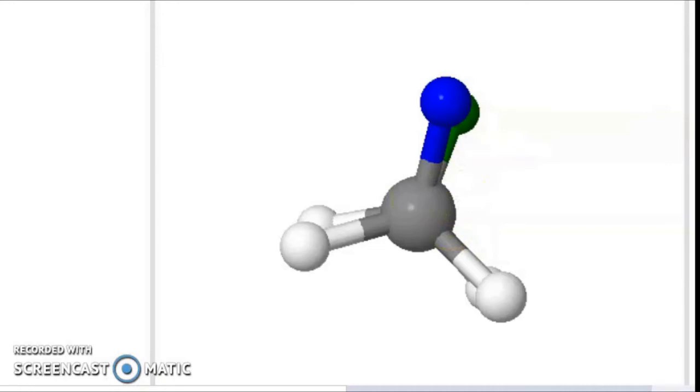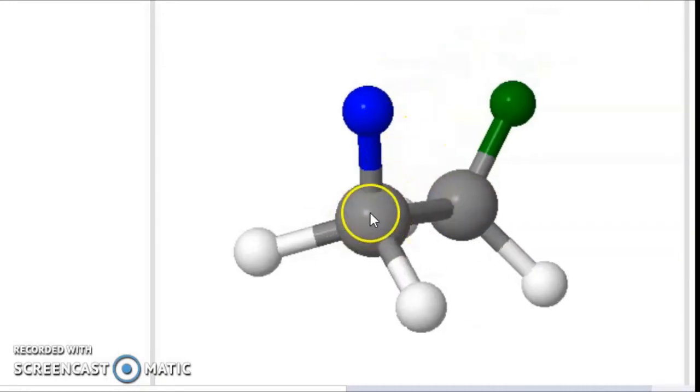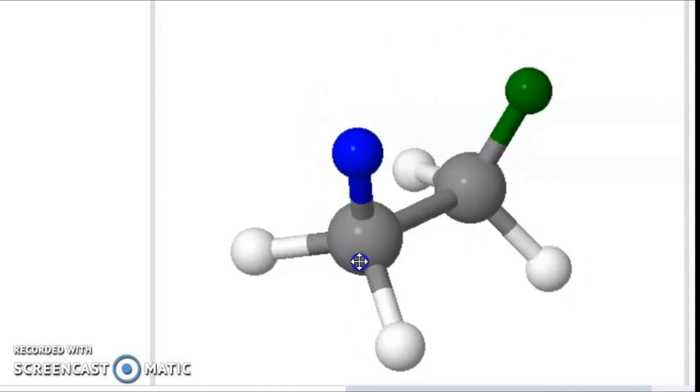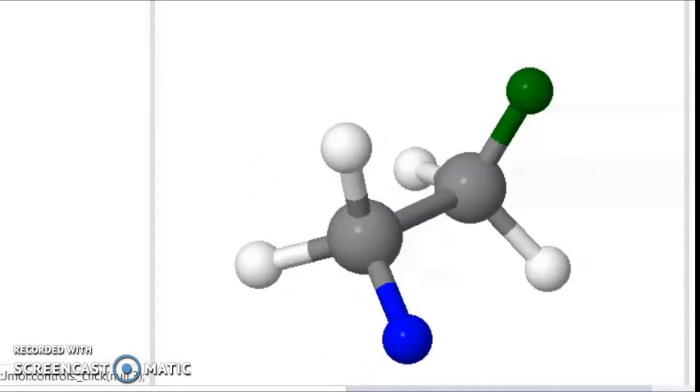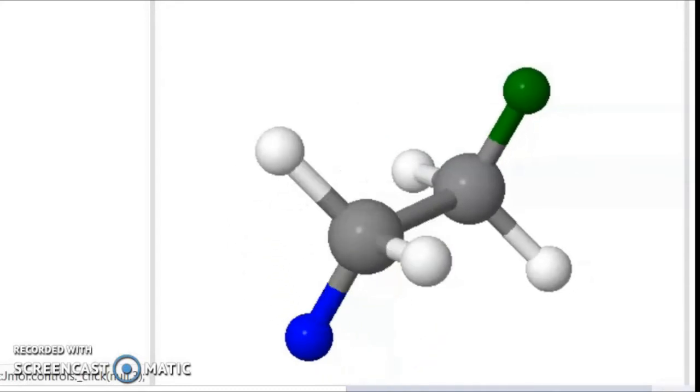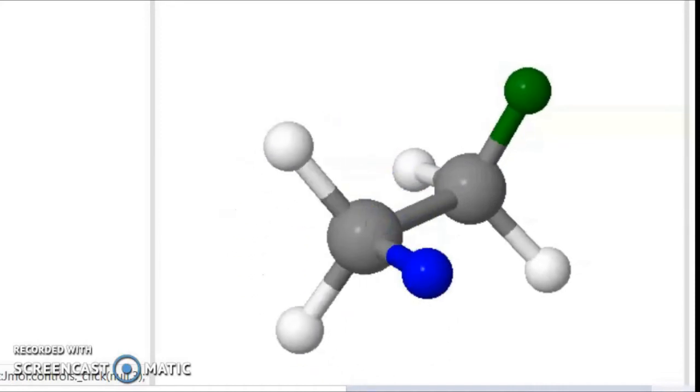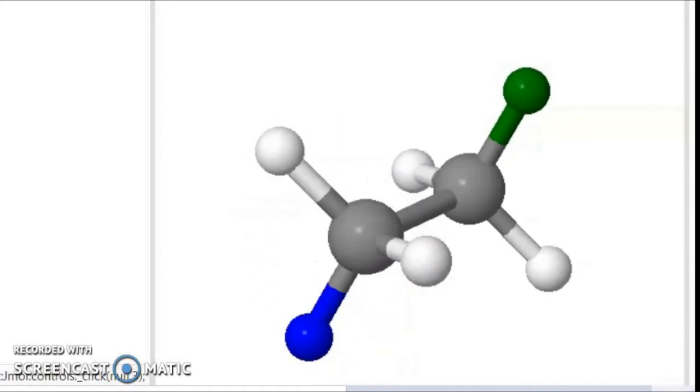Now, free rotation is possible across this C single bond C, isn't it? When free rotation is possible, the dihedral angle changes. See, when the molecule rotates, the dihedral angle changes. Okay, so for every degree of change in the dihedral angle, we get a different conformation.